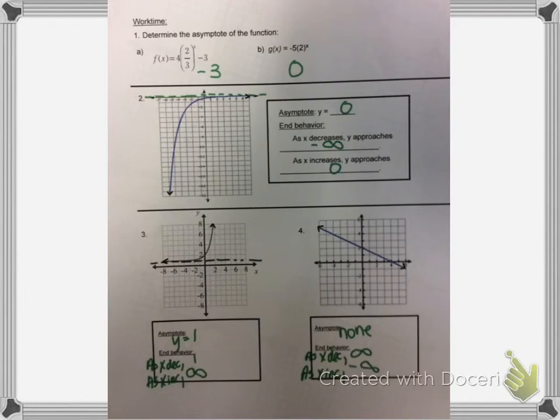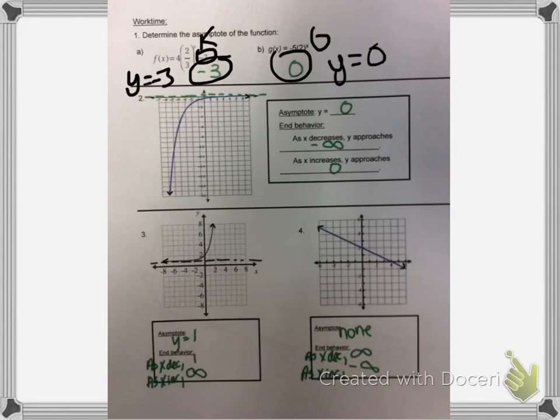Alright, determine the asymptote of the function. Remember, the asymptote is always the k, so our k value here is -3. Right here, we don't have a k out here, so there's nothing out here, so therefore our asymptote will be 0. And now you may also see the asymptote equation is y equals -3, and this will be y equals 0. Remember, that's what it's approaching.